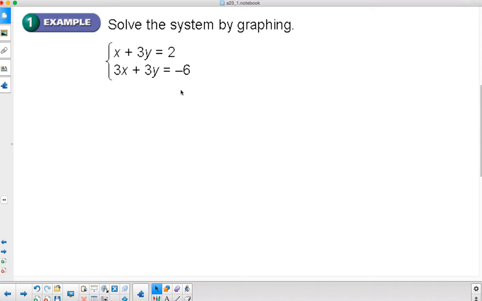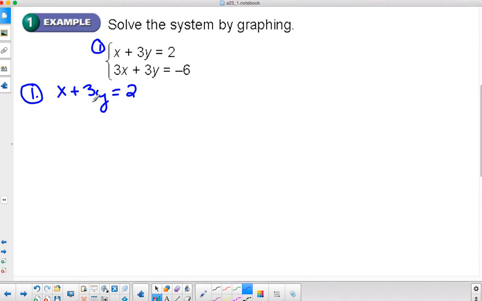Okay, so I am starting with equation 1, and I'm just calling it 1 to give it some identification. So x plus 3y is 2. I want to get this y by itself, so I'm going to subtract x from both sides.